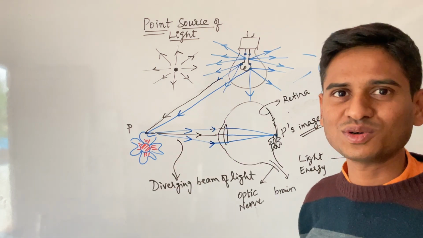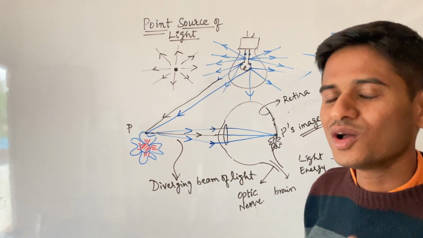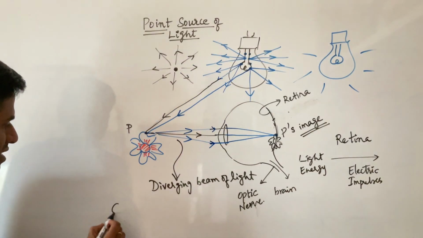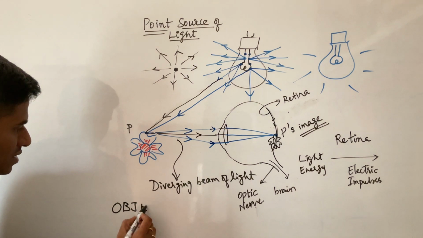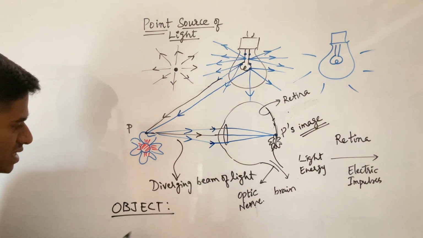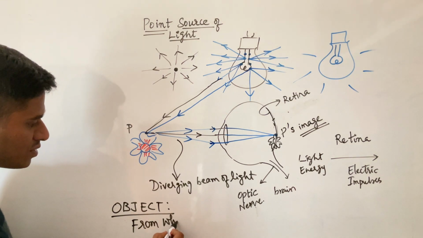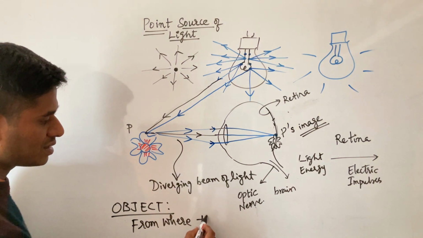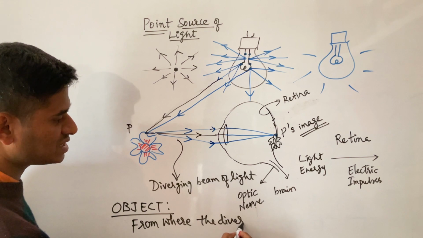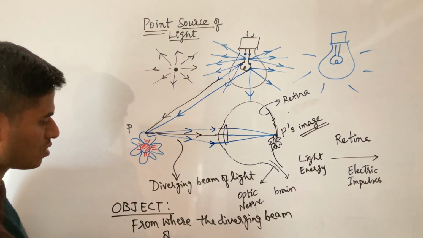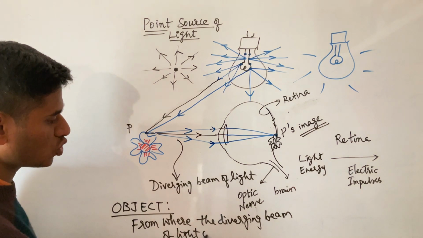So that is called the object. Technically, we say, what is an object? Object is where the diverging beam of light originates from.